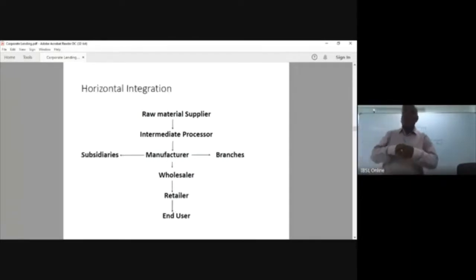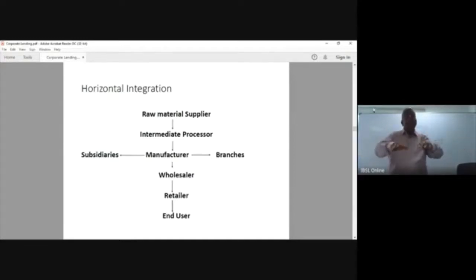Similarly, there is horizontal integration also. What is horizontal integration? The timber furniture manufacturer is operating in Moratuwa, in a big factory. Now he is expanding to Anuradhapura, and to Kandy, the same operation.